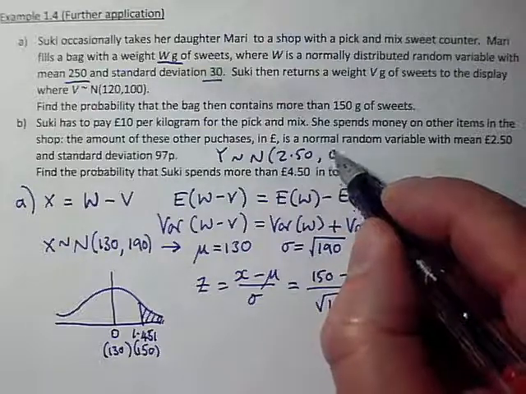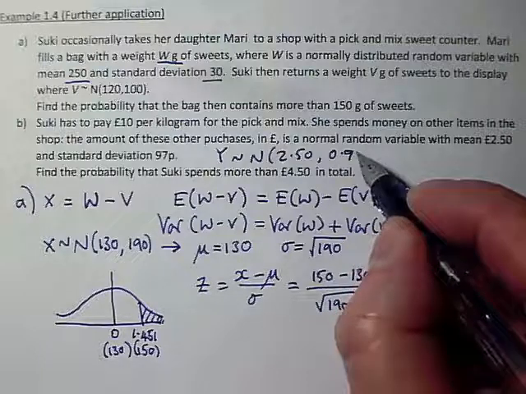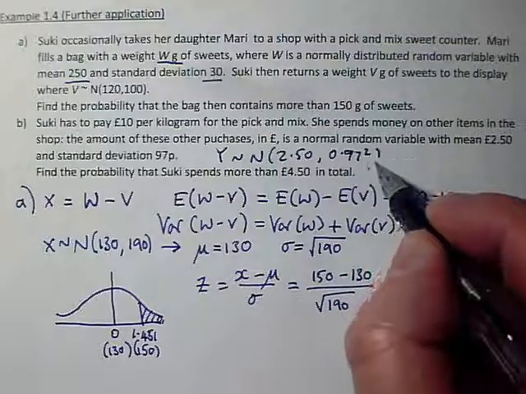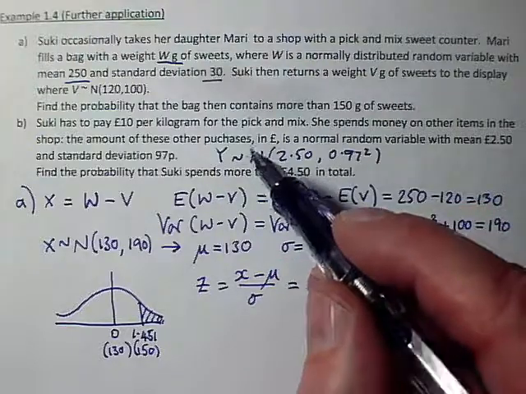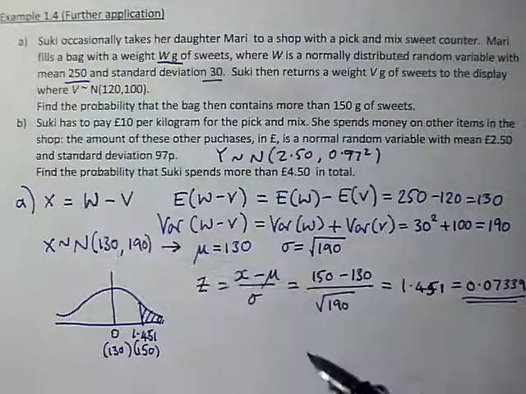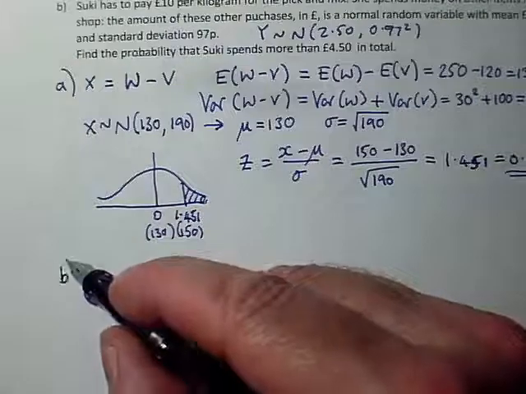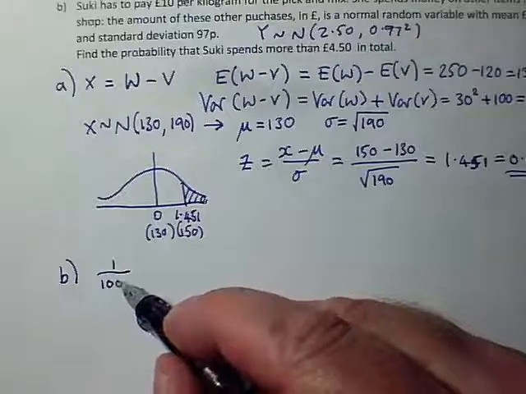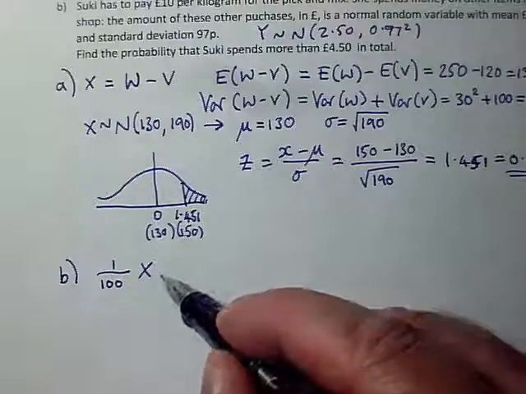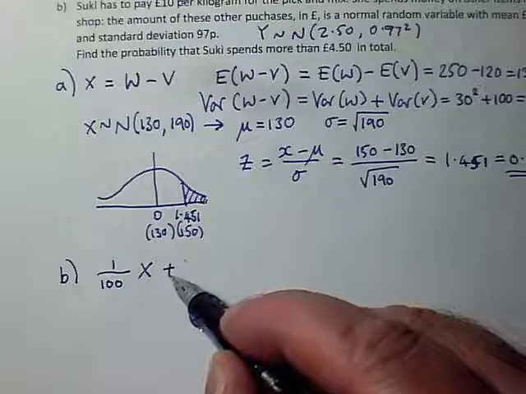So 0.97 squared is the variance. So I'm going to be adding that to my X over 100. So in part B, I'm thinking about a 100th of X, and I'm adding on Y.